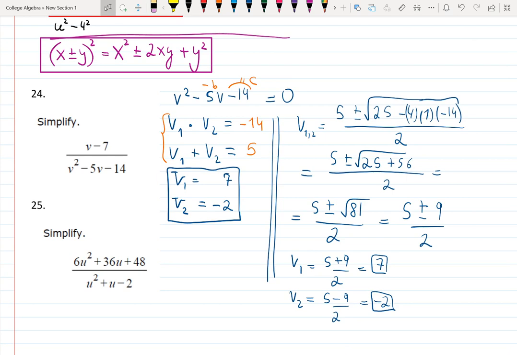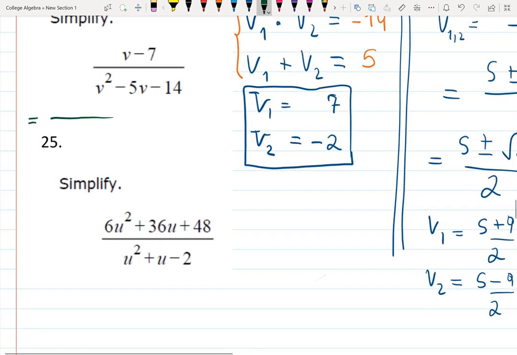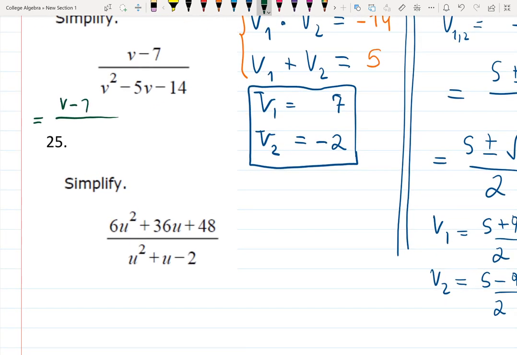Okay, so we did figure out how to simplify the denominator of the fraction. And I will continue here, and then basically the answer follows. The numerator stays v minus 7. The denominator will be v minus the first root, that's 7, so v minus 7, and v minus the second root, but since the second root is negative 2, it will be v plus 2.